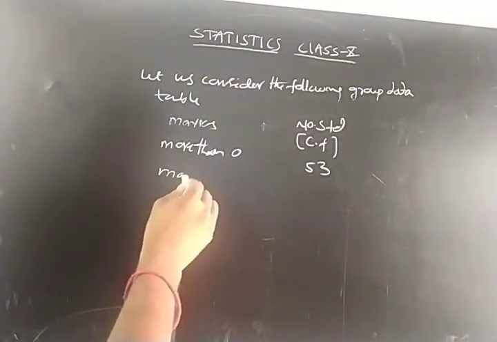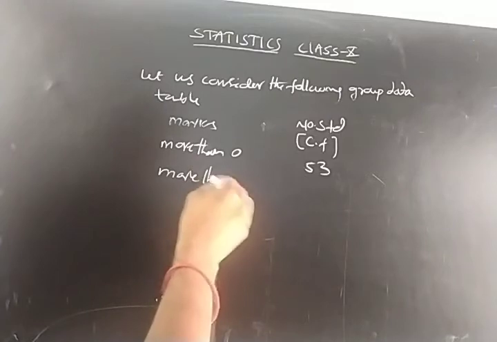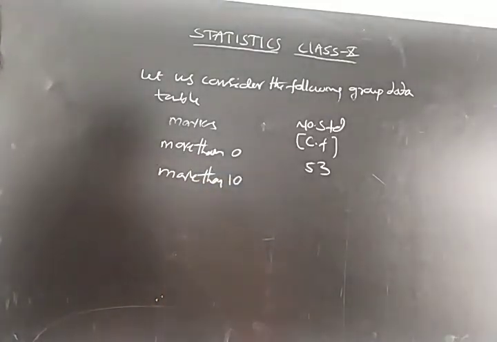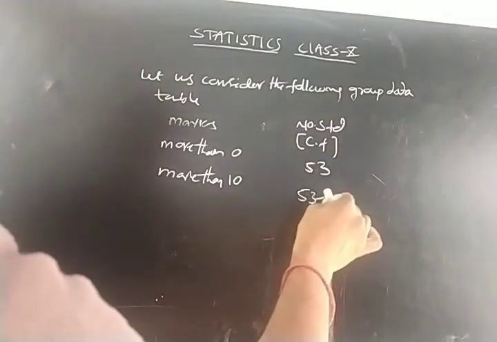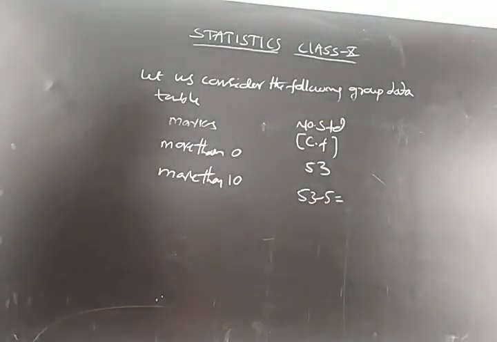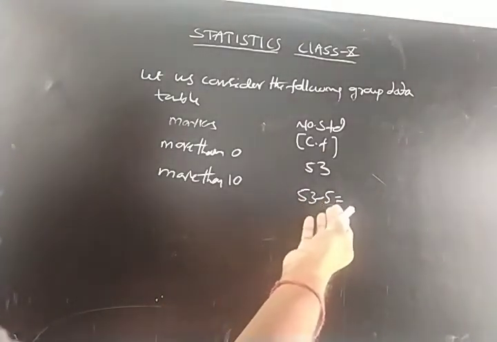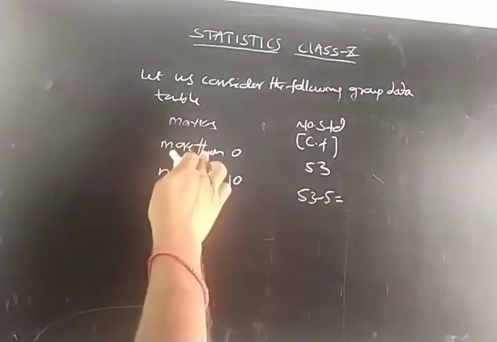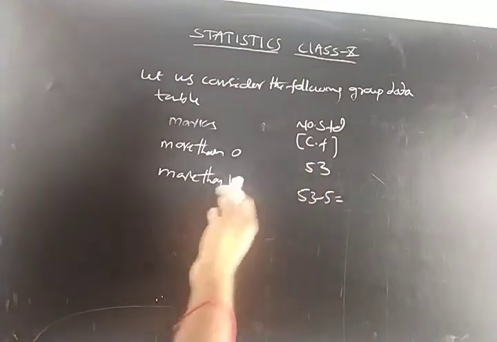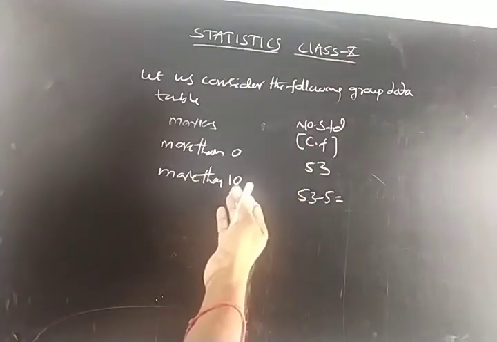More than 10. From the previous table, 53 subtract 5, because less than 10 is 5 students. So from 0 to 100 it is 53 students, and we need more than 10, which means we subtract less than 10.